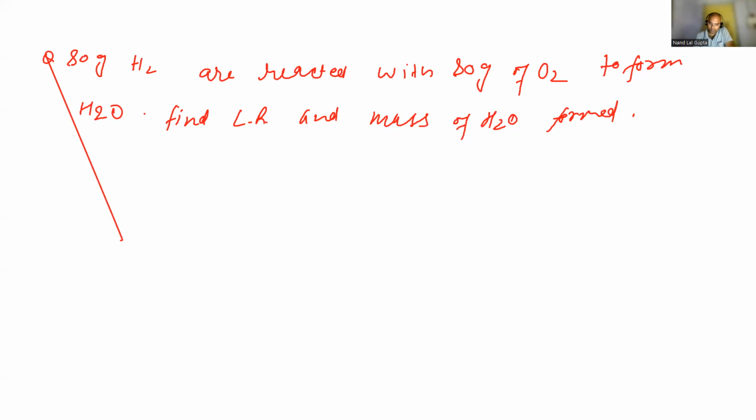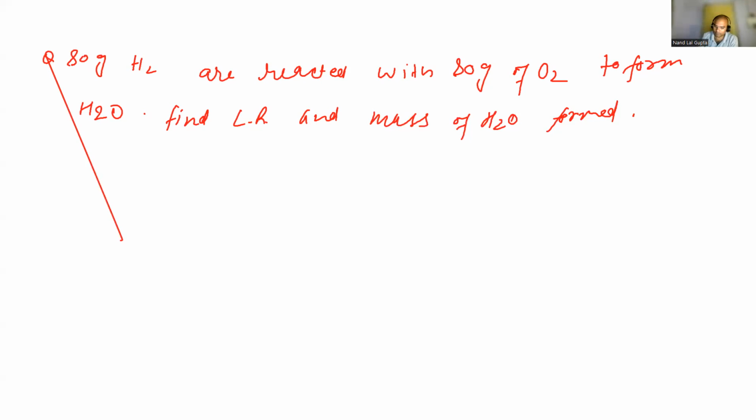And the mass of H2O is 45 grams of H2O. You are saying H2O 5 mole, not the gram.